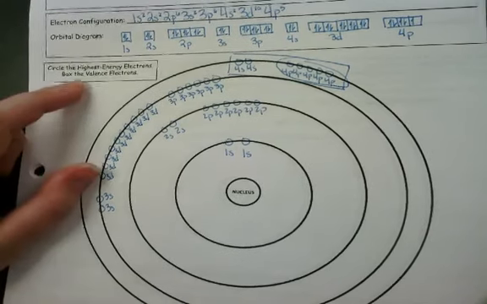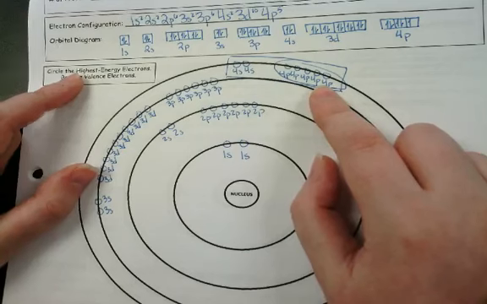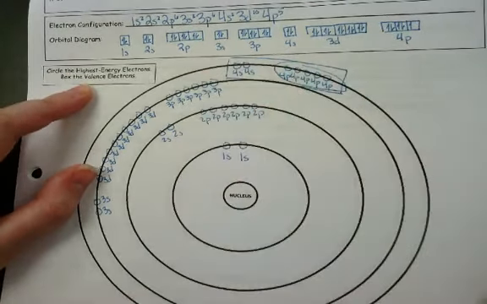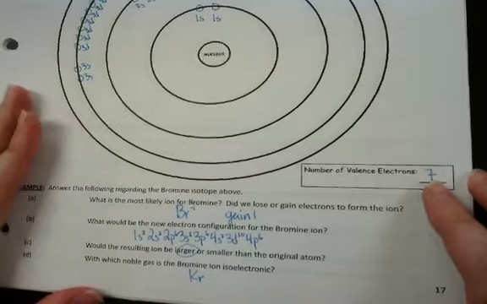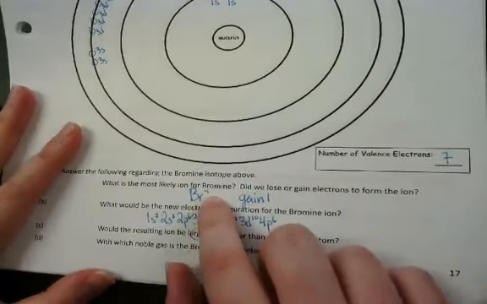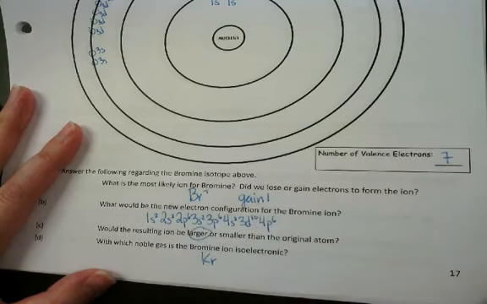Okay, so for circle the highest energy, those were our 4p, that's what we wrote last. Box the valence, that's whatever is on our 4th energy level. We should have 7 valence electrons. And since we have 7 valence electrons, bromine is going to form an ion of Br minus 1, because it's going to want to gain 1 electron to get up to 8 valence.